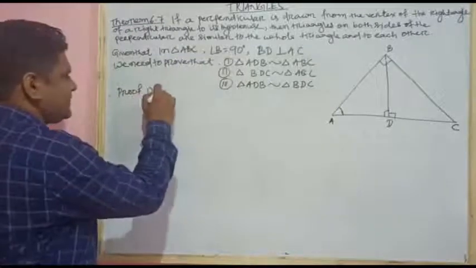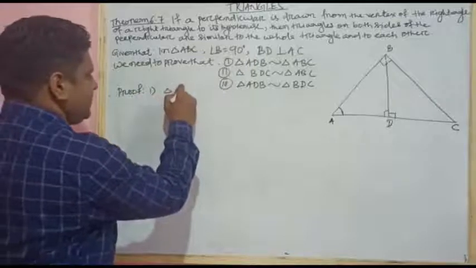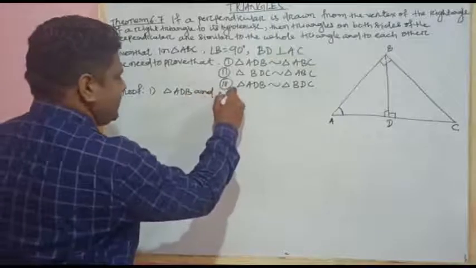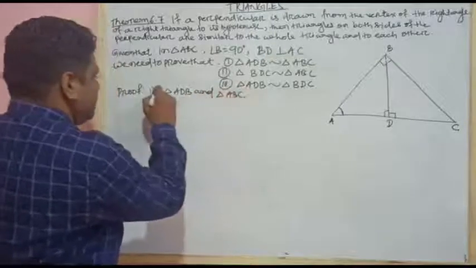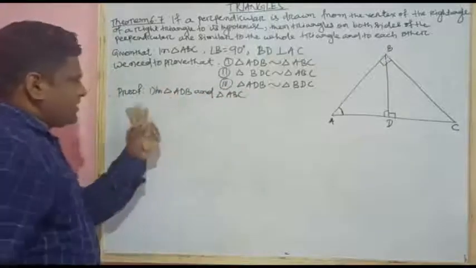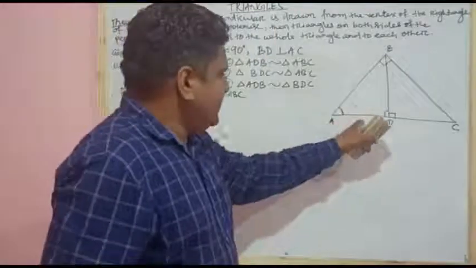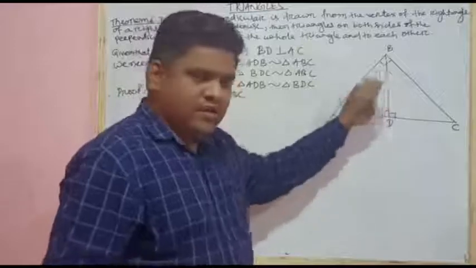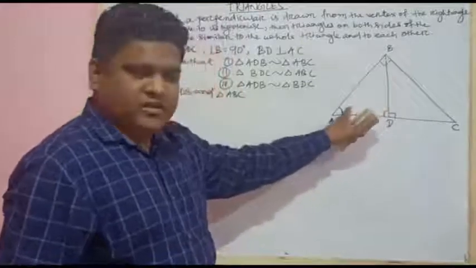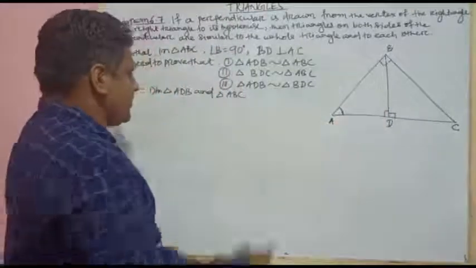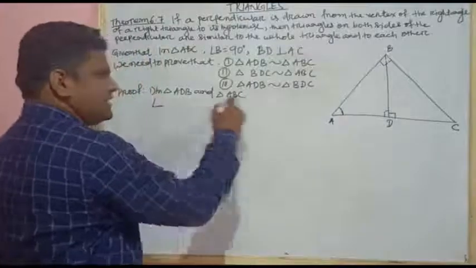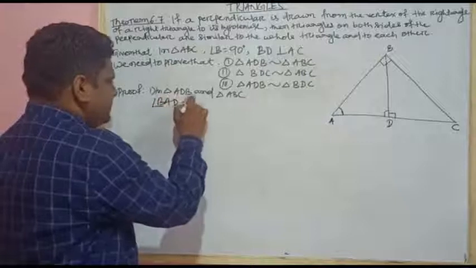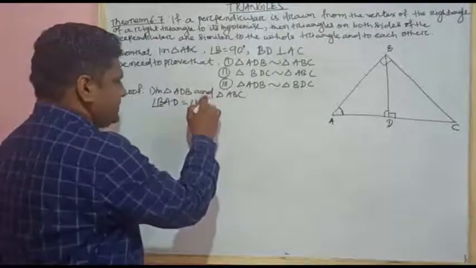First, let's take triangle ADB and triangle ABC. What is equal? In both these triangles, ADB means this triangle and ABC means the whole triangle, angle A is common for both triangles. So let's write this. In both the triangles, angle BAD is equal to angle BAC.